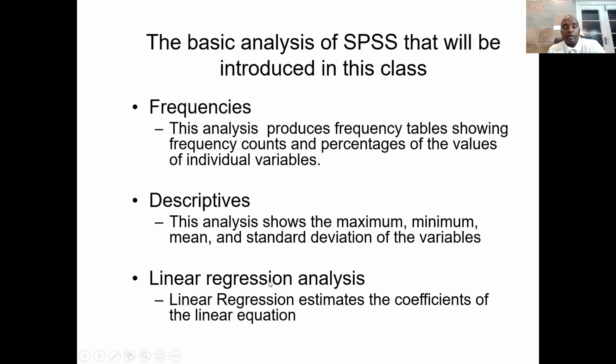And then you also have linear regression analysis, which estimates the coefficients of the linear equation under the basic assumptions of the best linear unbiased estimator, which is your BLUE characteristics of a simple linear model or a simple linear equation.